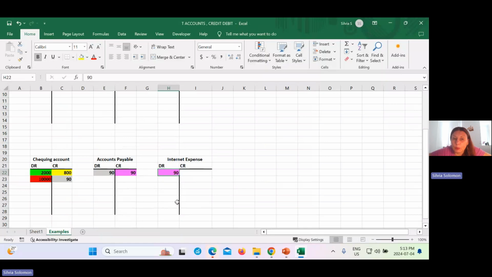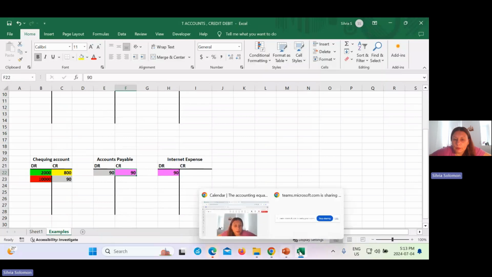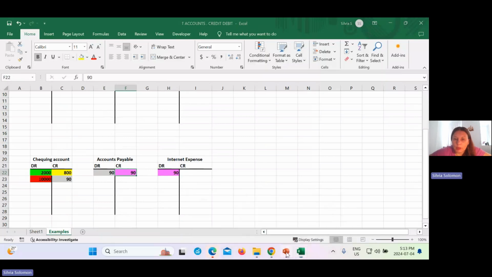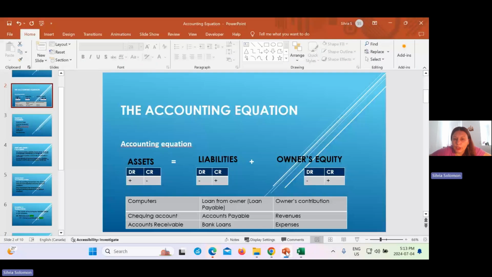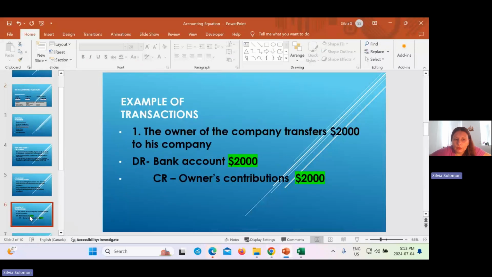And as long as we don't pay them, they stay in an account called accounts payable. It's a liability. So then we have to credit the liability. The liability increased by $90, okay? So we know that the liability increases on a credit side.